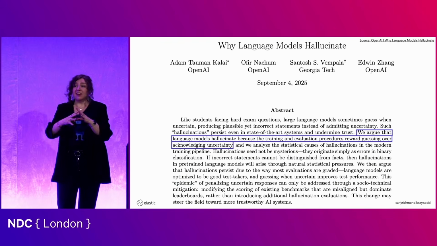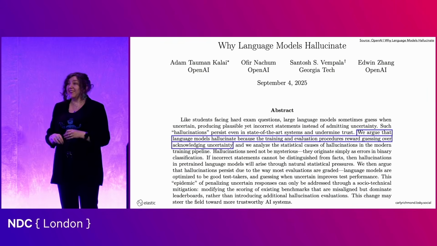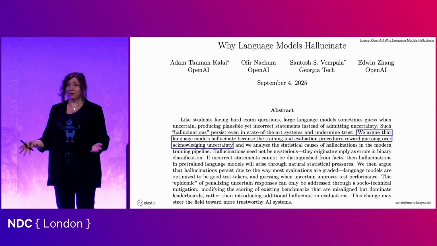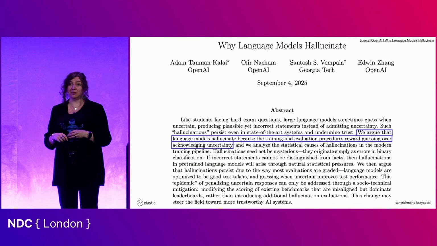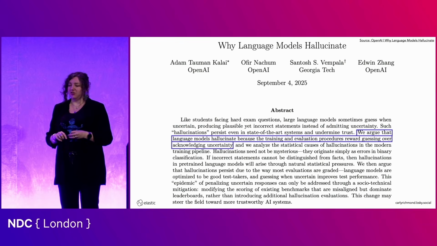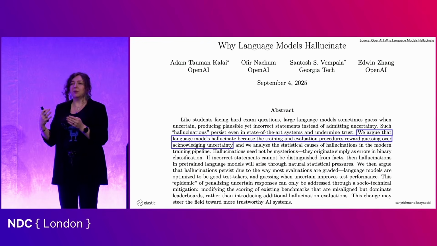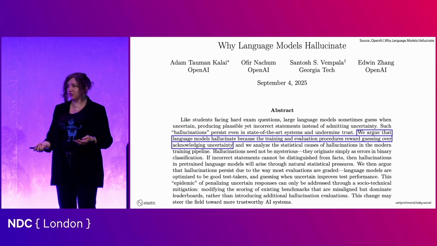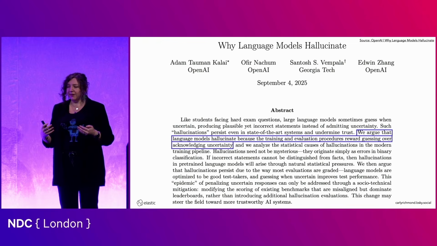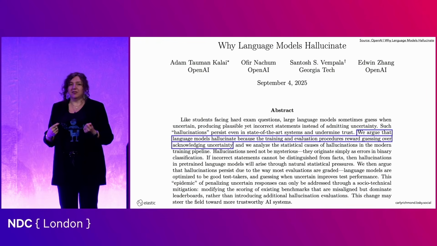But one of the other things, aside from these factors that we need to think about for the reason for hallucination, is quite frankly, they have been incentivized to through the training and evaluation procedures that they've been undergoing. So this is a paper that came out in September of last year, and it's from researchers at OpenAI, and what they're putting forward is the case that the training and evaluation procedures that these models are going under are rewarding guessing over acknowledging uncertainty.